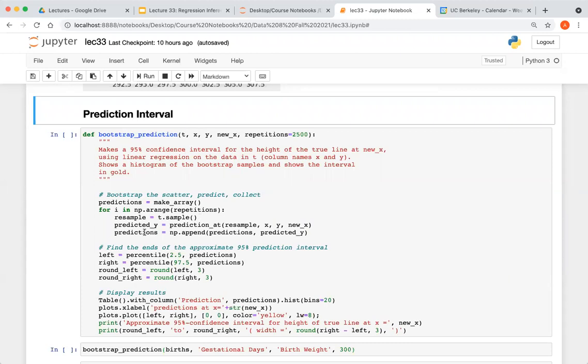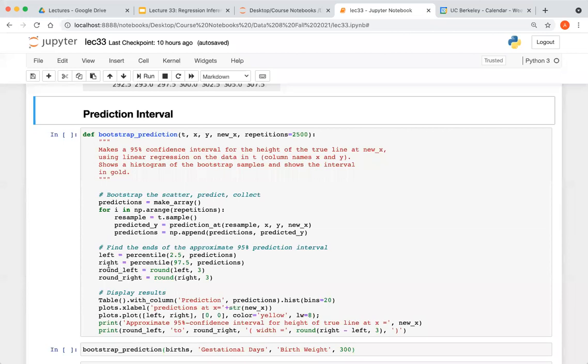And so we now take that table and we apply our prediction at function, which takes also the new x and returns the prediction for that table. And we append that prediction to our collection array. So if we do this, say 2,500 times, then we'll have 2,500 bootstrap samples and therefore 2,500 predictions.